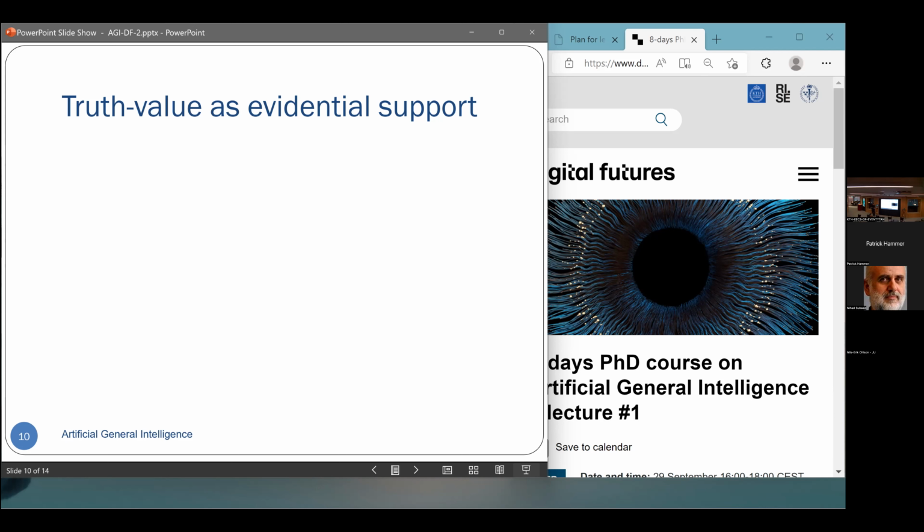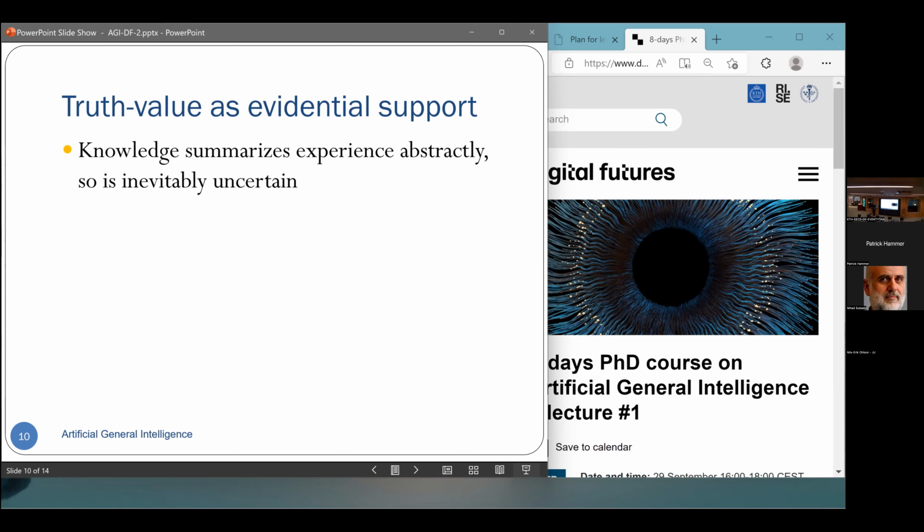Instead, as the title tells you, truth value here is not a measurement that compares a statement with the reality. Instead, once again, it is a comparison between a statement and your own experience. Your experience, of course, comes from your interaction with the outside world, but it's not the outside world. It's different. As I said, knowledge summarizes experience abstractly, so it's inevitably uncertain.